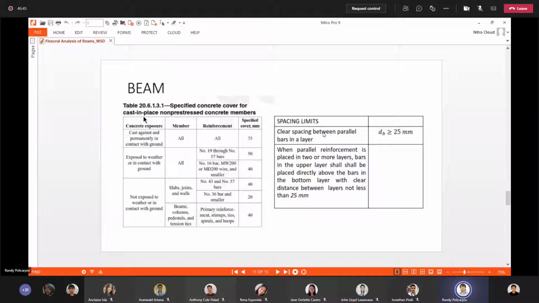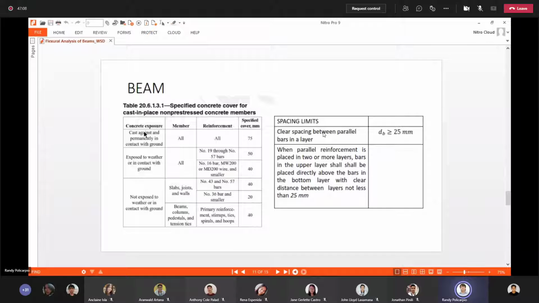Concrete cover, no? So ito yung pinaka distance between yung edge nung section mo, the outside edge, and the reinforcement, no? Yung pinaka reinforcement mo.